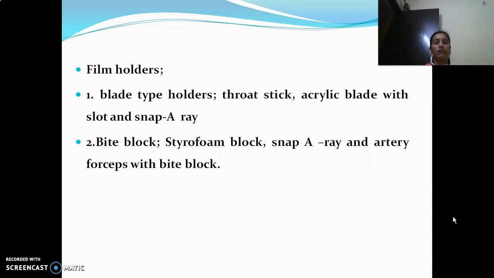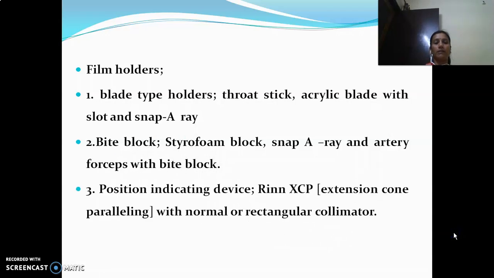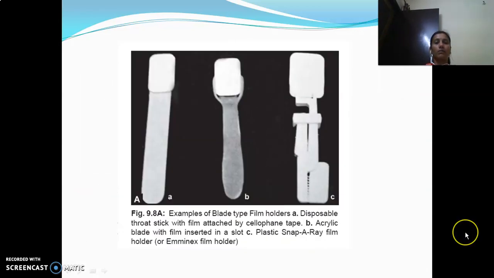It can be a styrofoam block, snap array, or artery forceps with bite block. The third is the position indicating device, also known as RIN XCP. XCP stands for extension cone paralleling, with normal or rectangular collimator. Next is the precision X-ray film holder. So this is a diagram showing the different types of film holders.